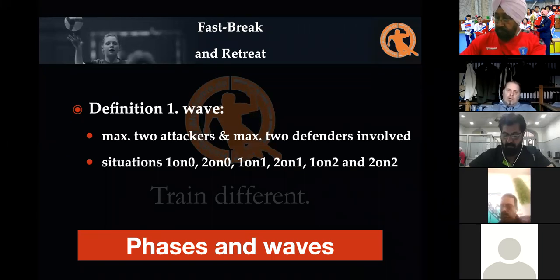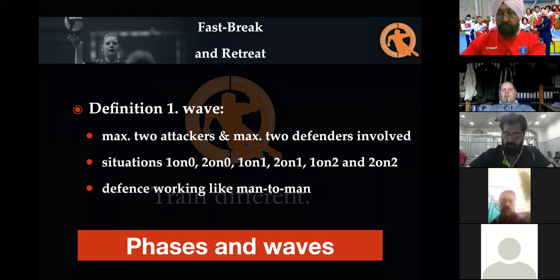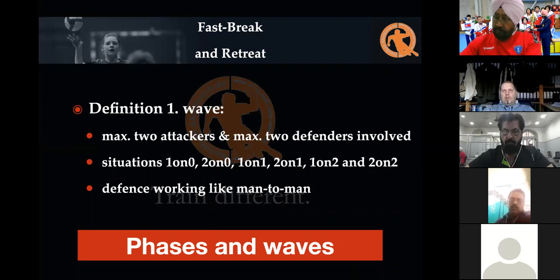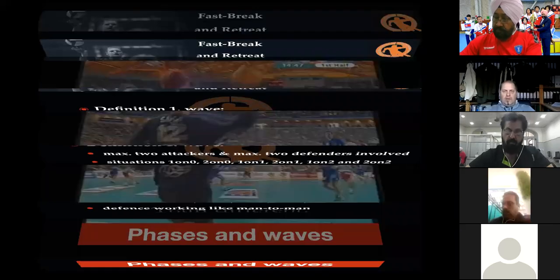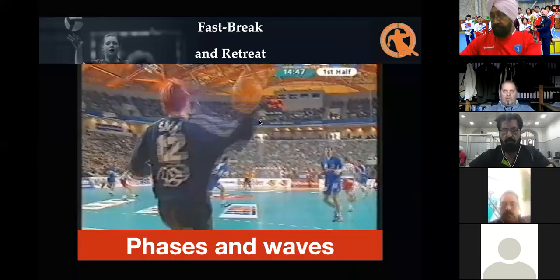And the third criterion here is that the defense is working like a man-to-man defense, because the defense running back covers 1 or 2 players who go for the first wave, and those have to be covered, and this has to work in a man-to-man defense style. So to give you an example for this, we have the video from a very interesting game.